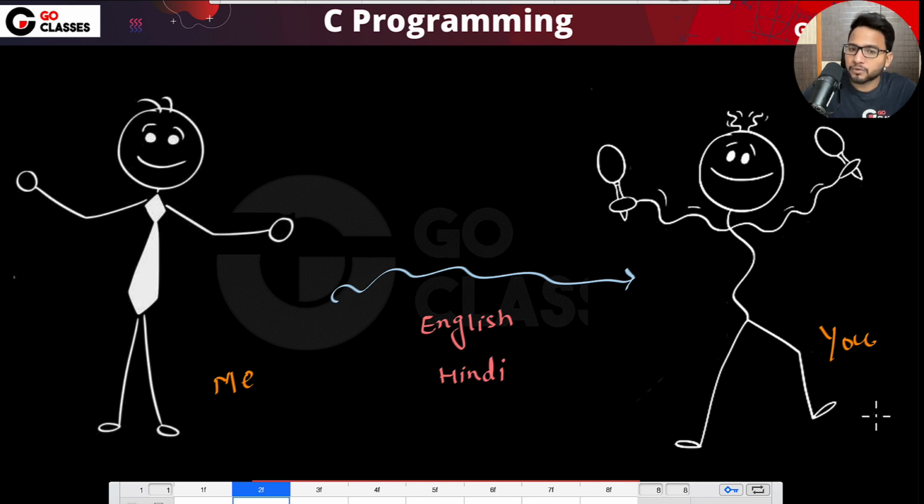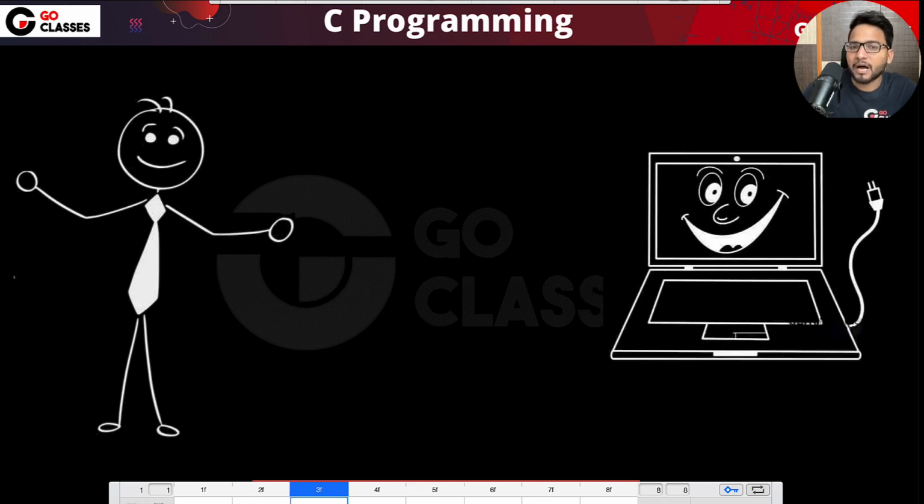Now suppose that instead of two humans, I want to communicate something to the computer. Let's suppose I want to get some mental work performed by this computer, some mental computation that could have been performed by a human, but instead of a human, I want this computer to do my task.